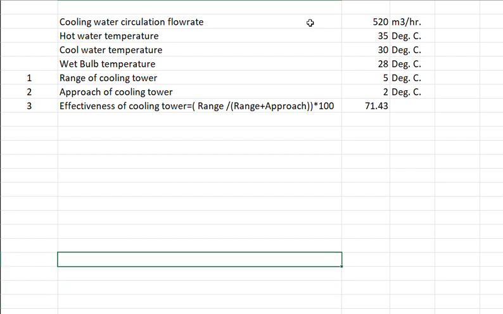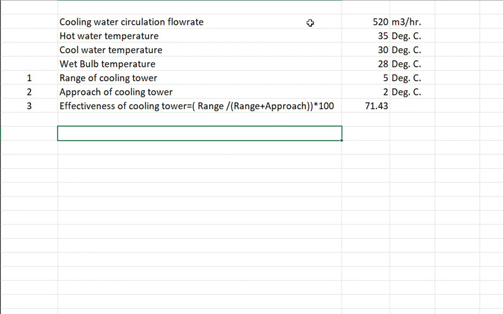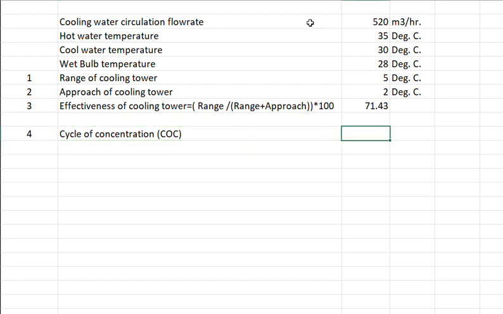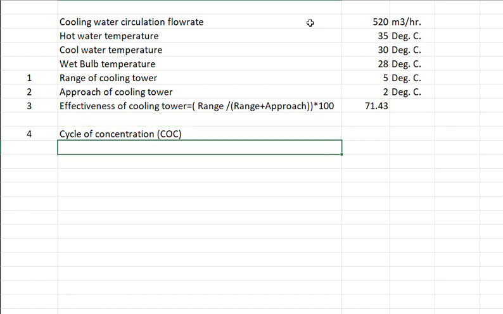Another factor we have to calculate is the cycle of concentration. As you have heard, COC is the cycle of concentration. How to calculate it: COC is equal to the TDS in the circulating water divided by the TDS of the makeup water.